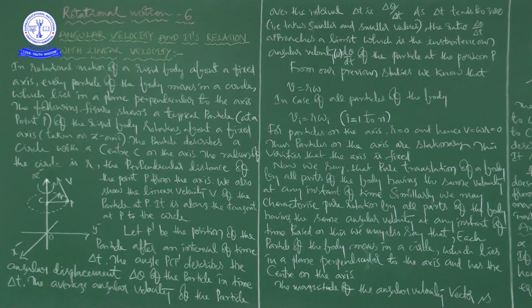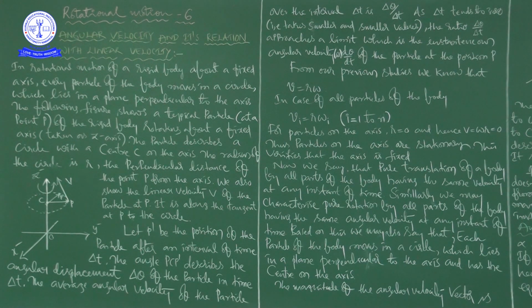Next, let P dash be the position of the particle after an interval of time delta t. Generally, when a body is in rotational motion, the position of each particle is changing.